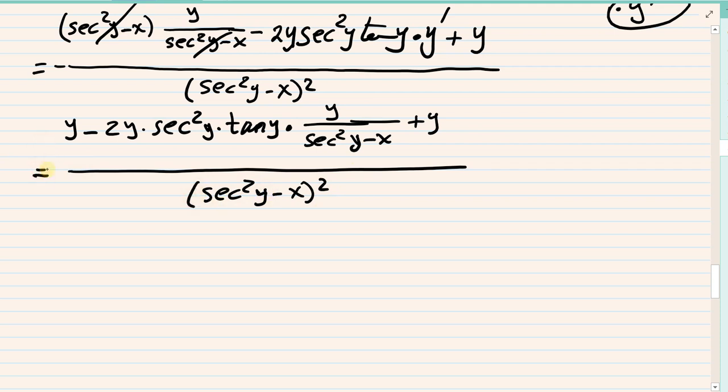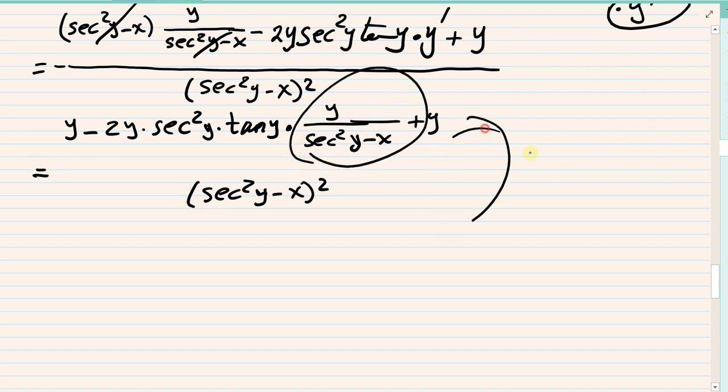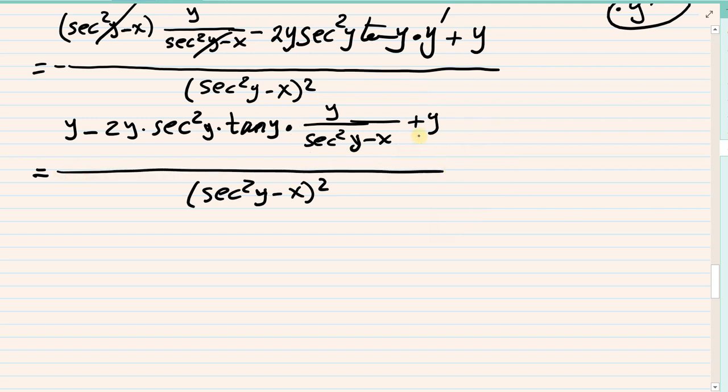Now we do have a complex fraction, a fraction over the main fraction. So what I need to do to get rid of that is I'm going to multiply the entire top by secant squared y minus x.